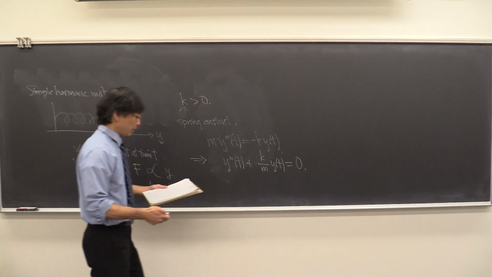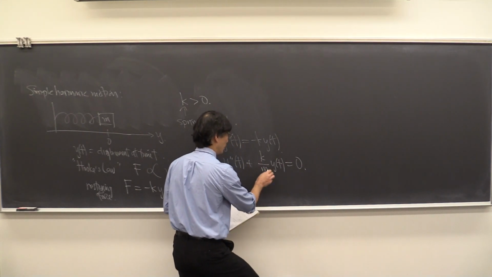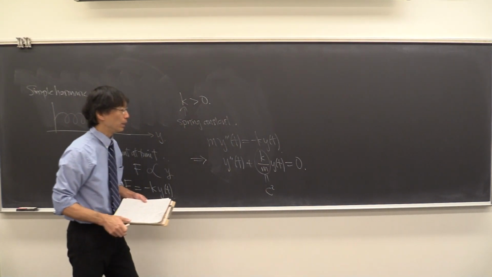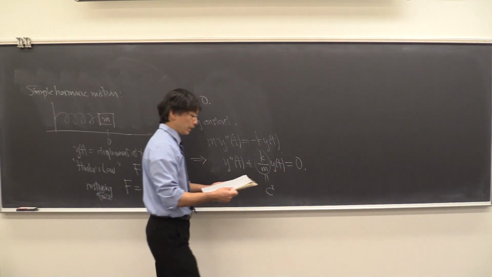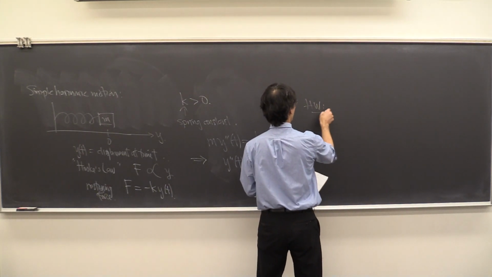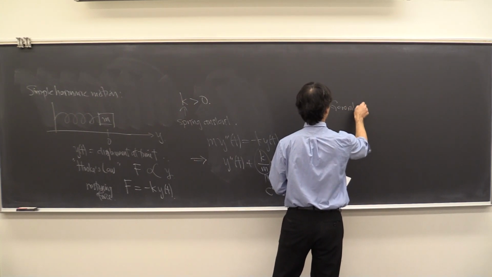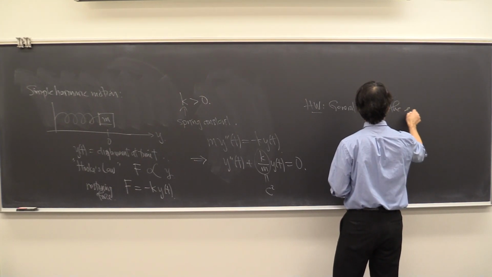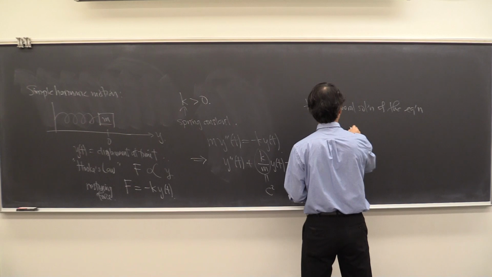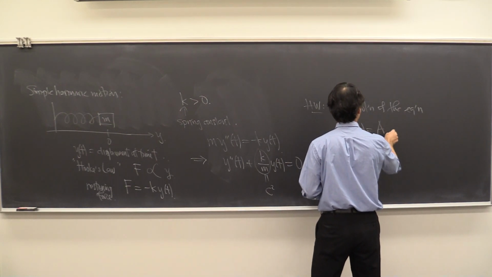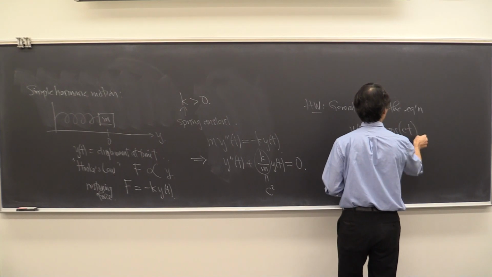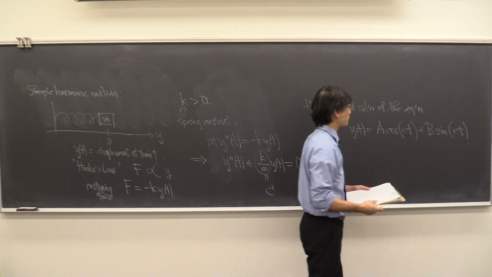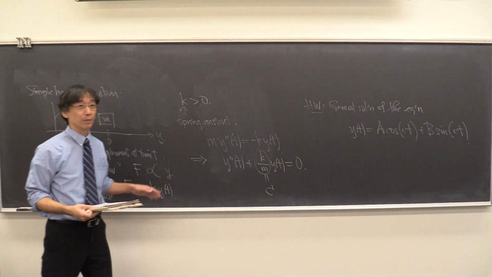Okay. So one denotes this constant k over m as c squared, and then it's a homework problem for you that the general solution of this equation is that y has to be some linear combination of sines and cosines, a sine ct plus b cosine ct.